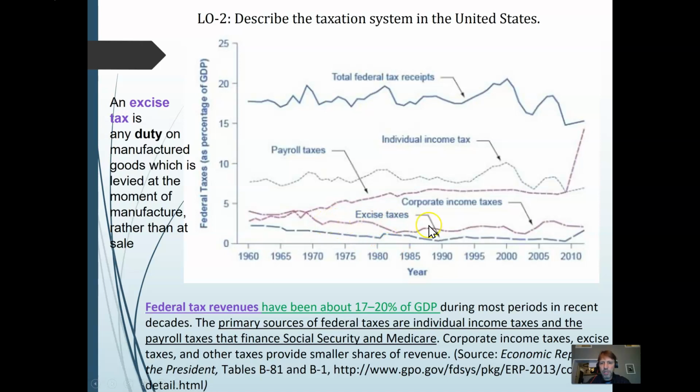There are corporate taxes, and that's under much debate between the political parties on whether we should raise or decrease taxes on corporations.